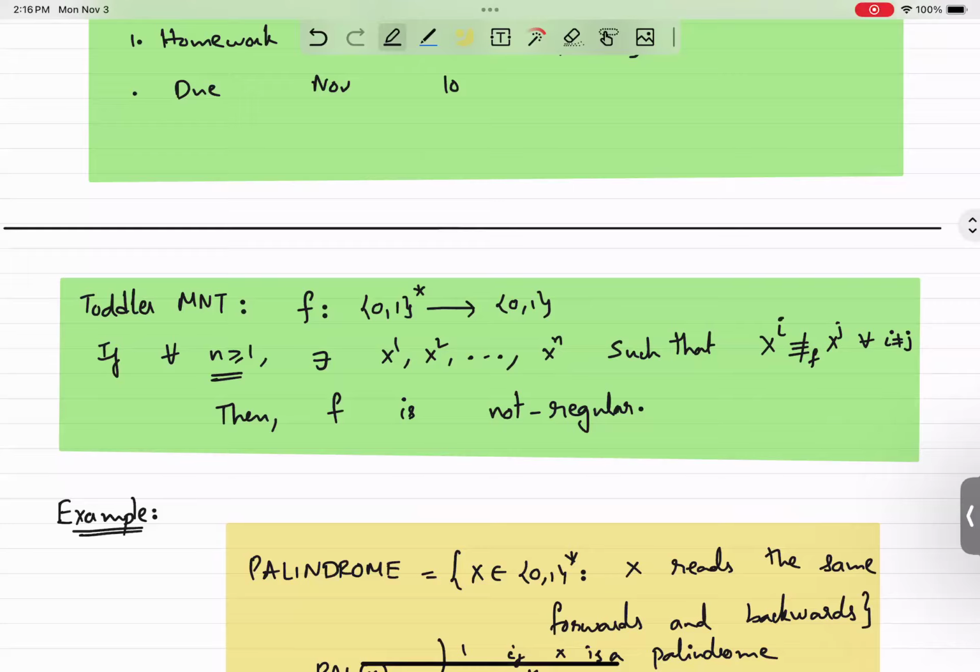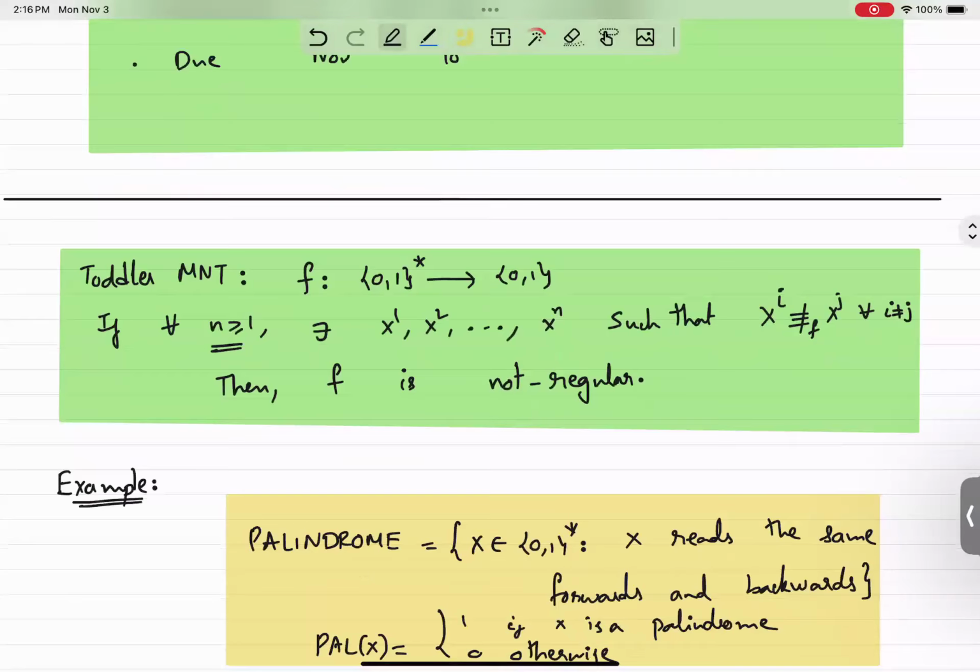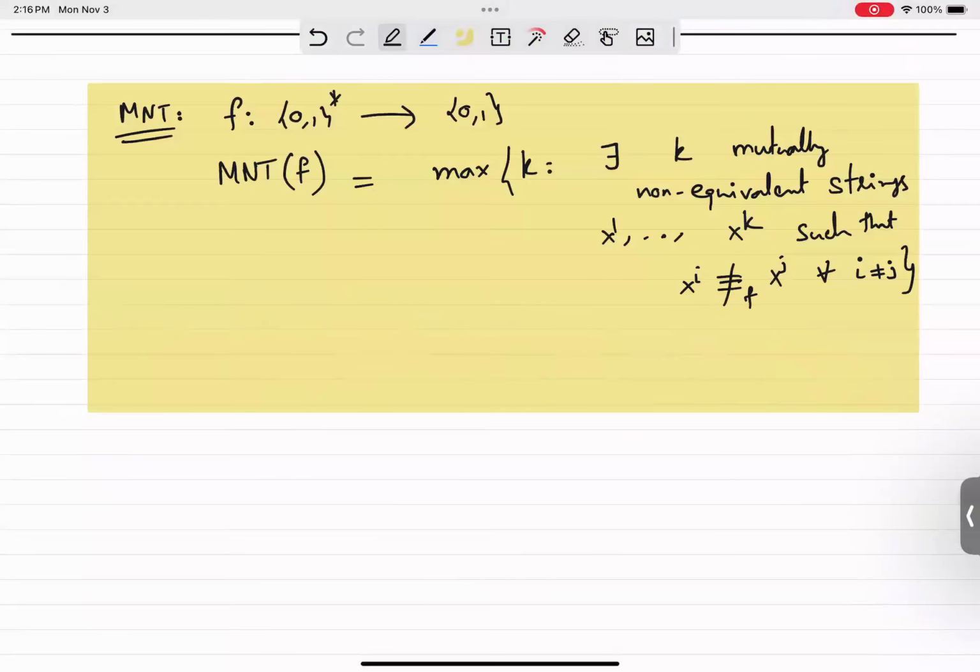MNT of f is the highest such number if it is finite. Otherwise, we'll just say it's infinite. Does the definition make sense?